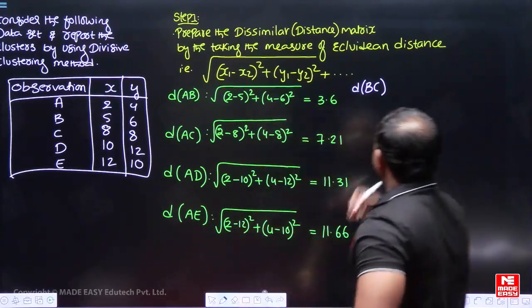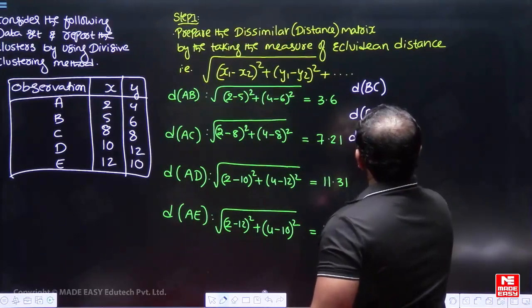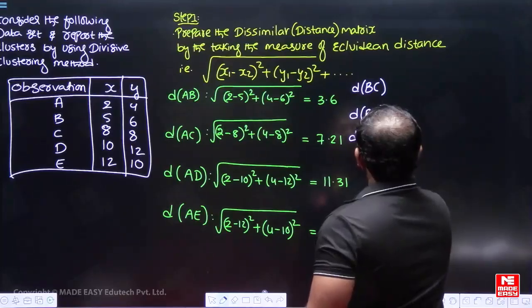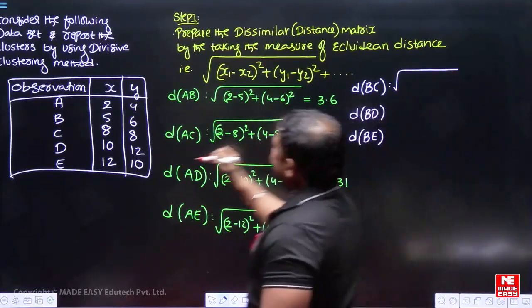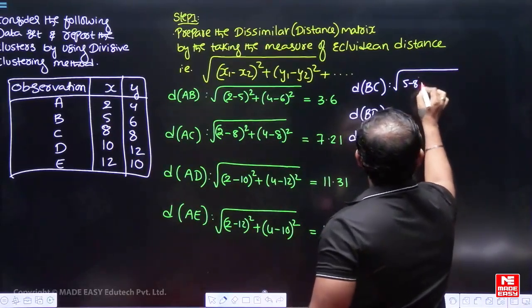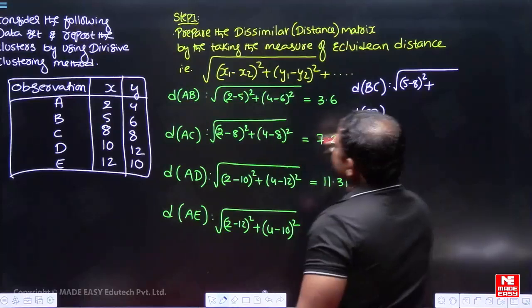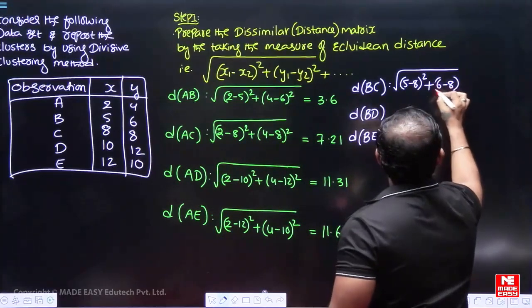That's why the distance between B and C, distance between B and D, and distance between B and E. Now square root of, B is 5, 6: 5 minus 8 whole square plus 6 minus 8 whole square.